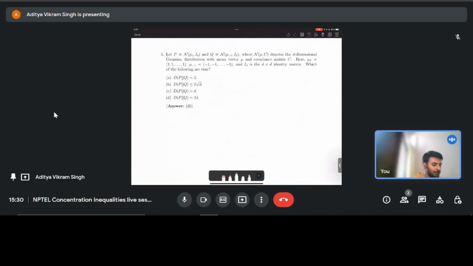Okay, let's go to question 5. Question 5 is, we are given two Gaussian distributions, and we want to compute their KL divergence. So P is normal of the all-ones vector, 1, 1, 1, 1, how many times? d times, with identity covariance matrix.